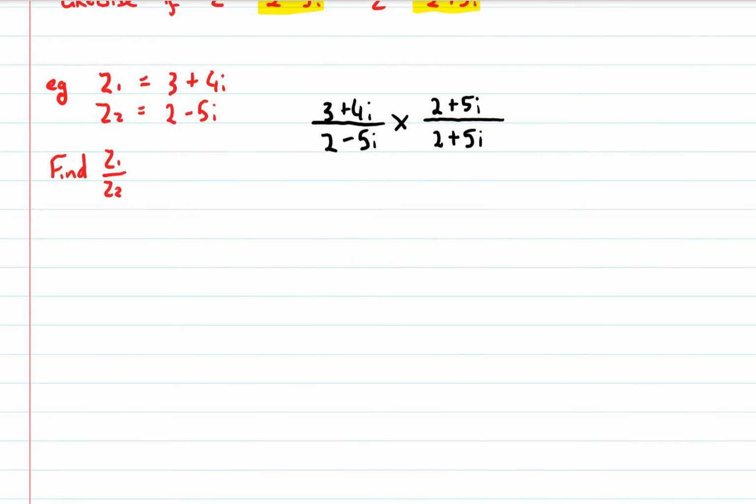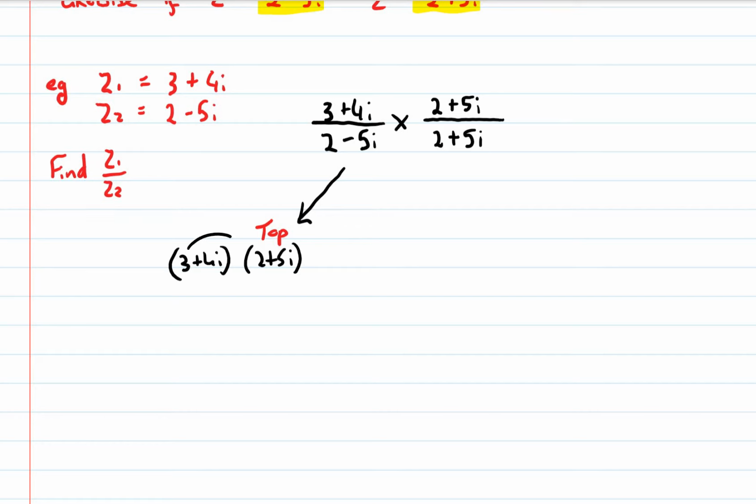Right, so the way I work it then is I separate it. I do the top first, and that is 3 plus 4i multiplied by 2 plus 5i.